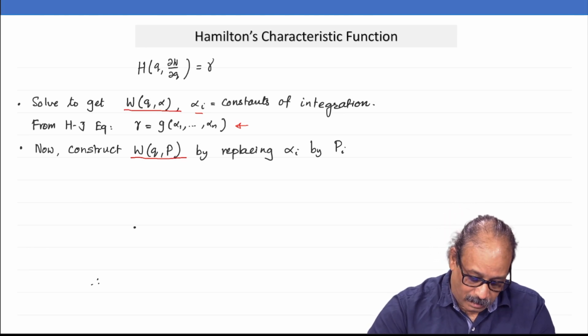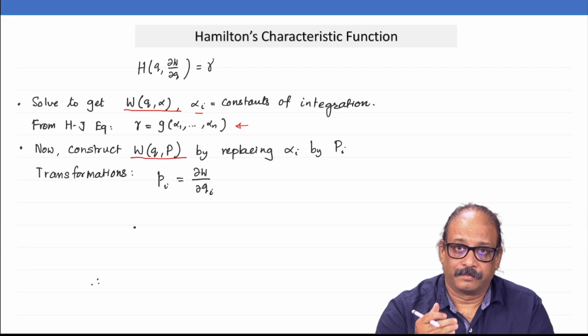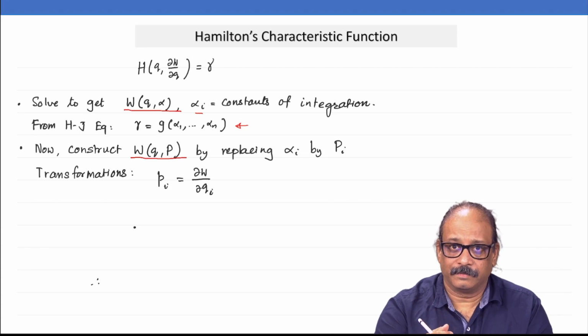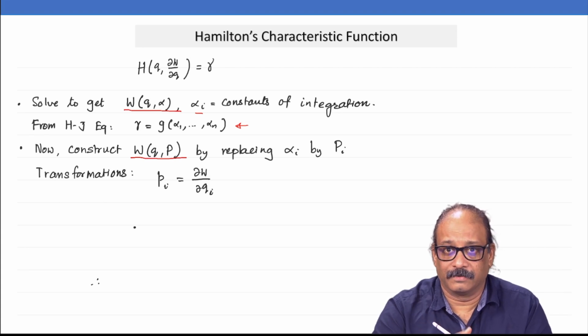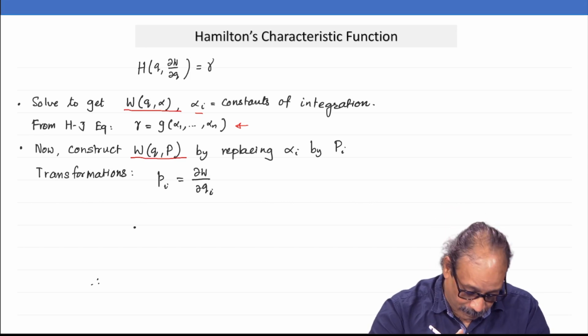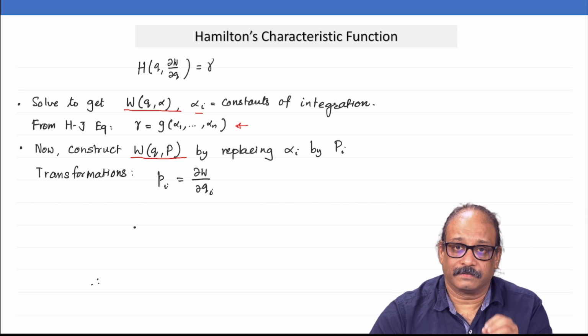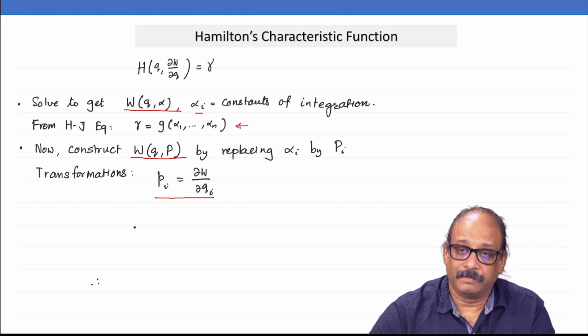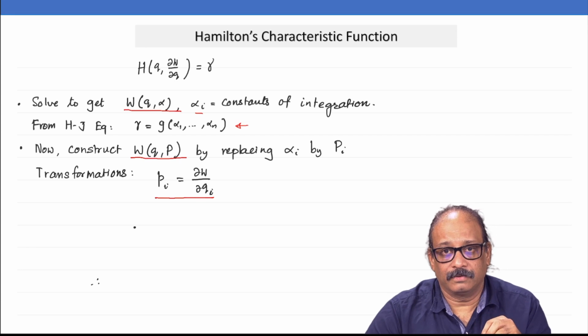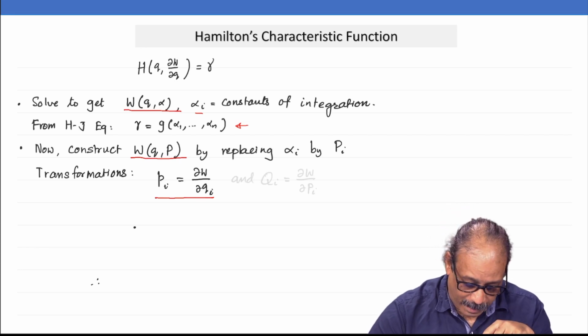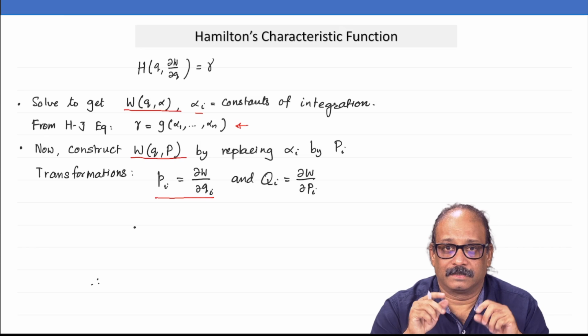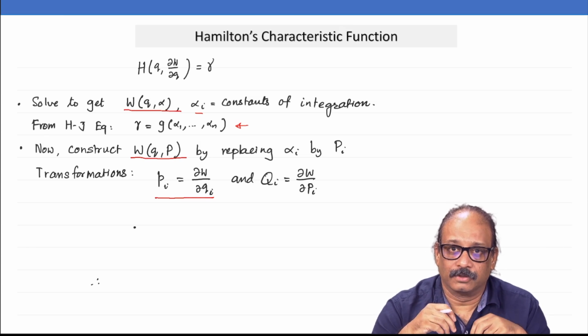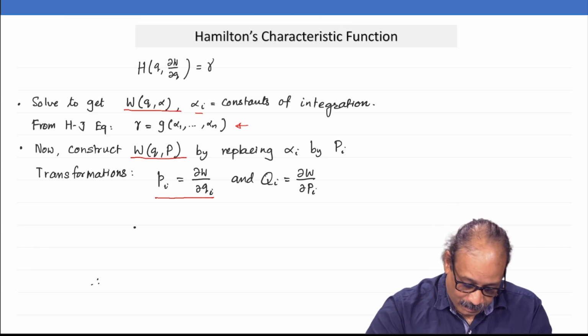Okay. Now, see, this program is exactly similar to Hamilton-Jacobi's program, the first part of the lecture. Okay. So, the transformations which we will generate will be small p I equal to partial of W with respect to small q I, and capital Q I equal to partial of W with respect to capital P I. Okay.